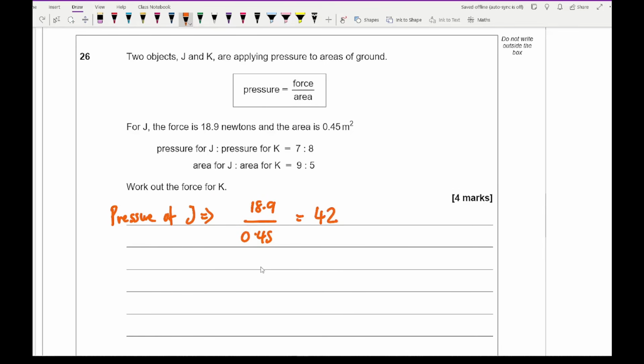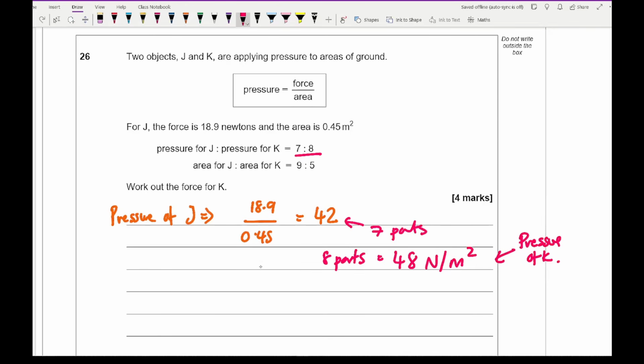So then this is the pressure of J. So then using this ratio, that this equals 7 parts, to work out 8 parts, I do 42 divided by 7 multiplied by 8 and I get 48. So it's 48 and the pressure is going to be in newtons per meter squared, and that's the pressure of K.